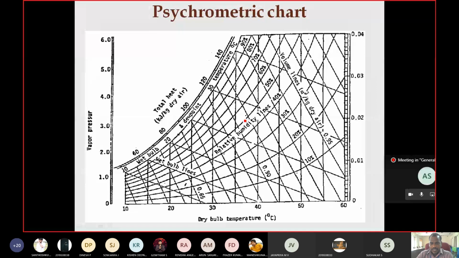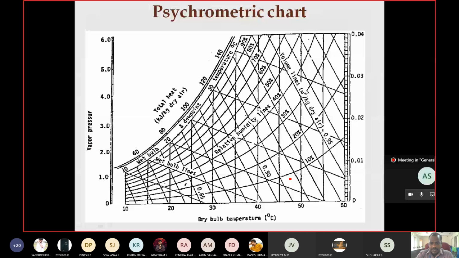In this psychrometric chart, we have the dry bulb temperature, the wet bulb temperature, the relative humidity, the total heat H, and the pressure.